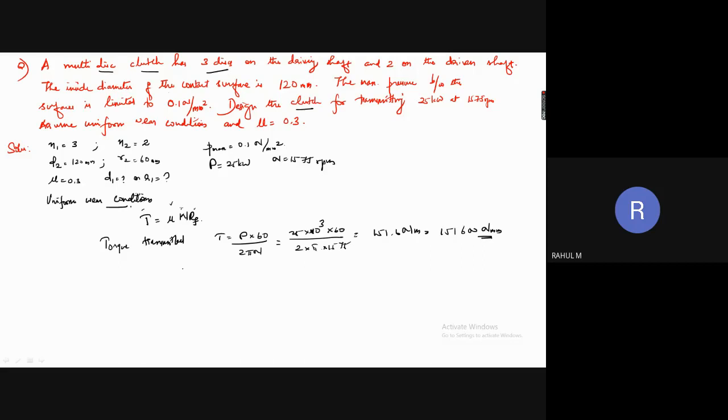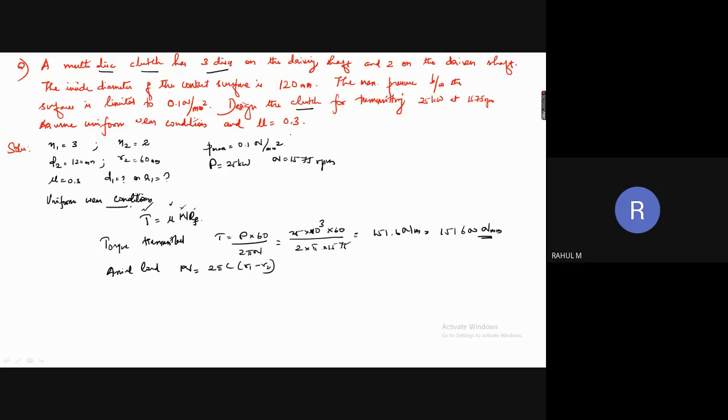Now your torque is completed and the coefficient of friction is completed. Now you have to find the axial load, right? The axial load W is equal to, we know the equation for uniform wear condition, 2 pi C into R1 minus R2.